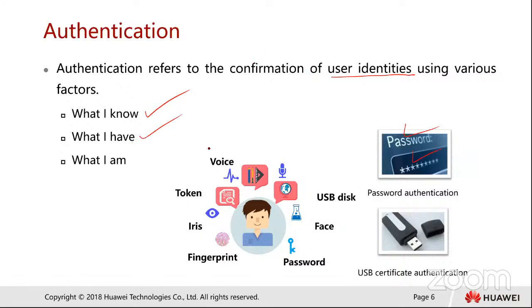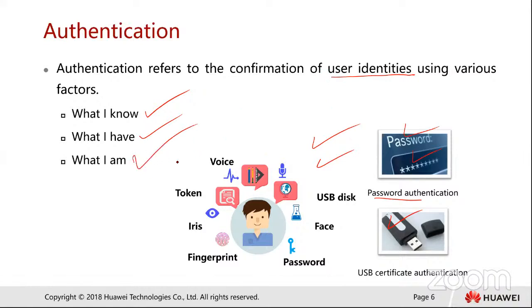You can also use what the user has. You can use a password authentication disk, or a USB certificate authentication. You can use cards and all those things that you can have on you, to get access authorization to the system.